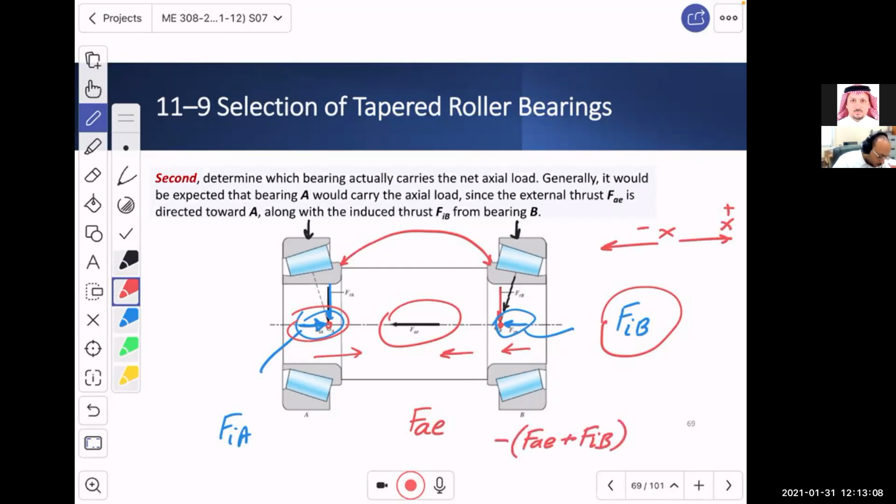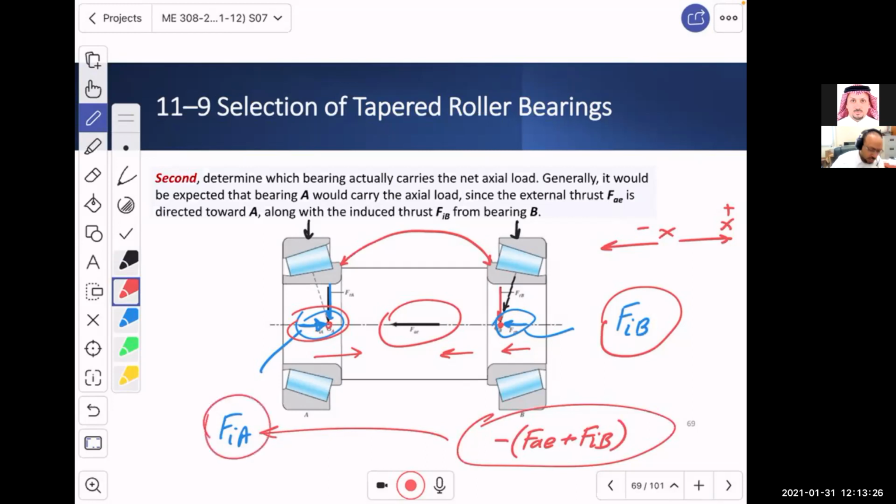And what happens here is that we will compare these two with this one. Why? If the two red forces become, as a sum, bigger than FIA, it means all of the thrust will go in here. So bearing A, or the bearing on the left, will take the thrust load. And be careful, I'm going to say this very precisely.